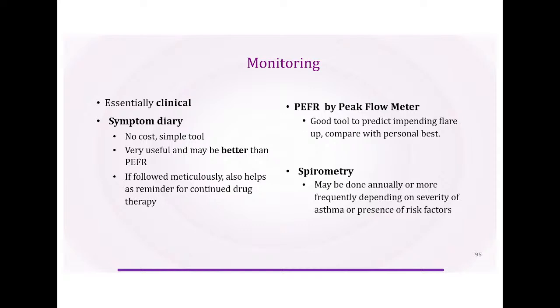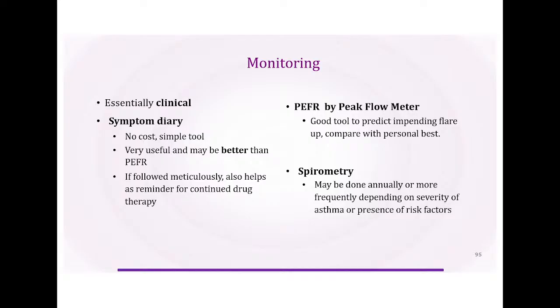This is a good tool to predict impending flare compared with her personal best. The best reading was something like 500, now it is coming down to 400, then the chances of acute exacerbations are more. So, it is basically a clinical thing, and the symptoms diary we have to maintain.